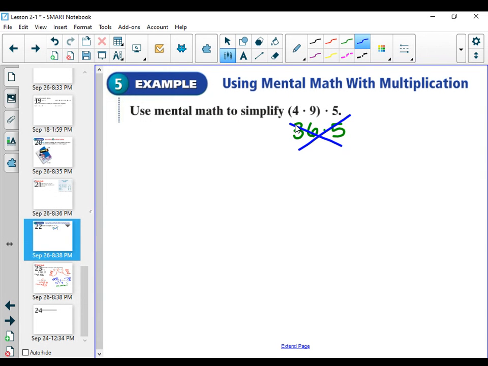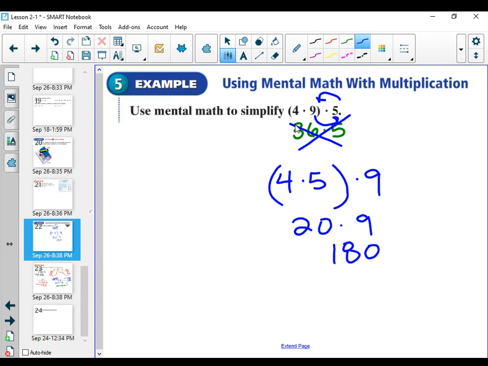Instead, I'm going to say, hey, I would prefer to change the order, and on my paper, put 4 and 5 next to each other because I can solve that quickly. Changing the order was commutative property of multiplication.